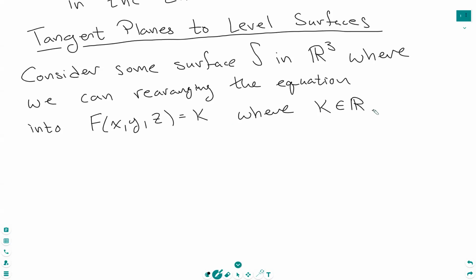So regardless of what the defining equation is for the surface S, it doesn't need to be a function. What we can do is rearrange it, guaranteed to write it as a function in a higher dimension. So we're going to R4 and we're writing it as a function in R4, and it's going to be equal to some K. I know you can't visualize what it means to be in 4 dimensions, but this is some function in R4 that is now equal to some constant value, and that's a level surface.